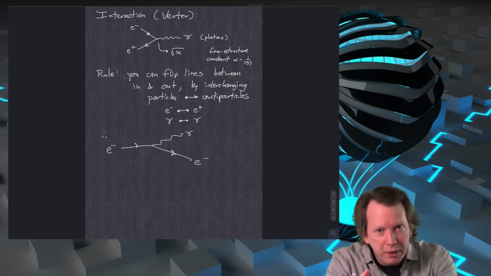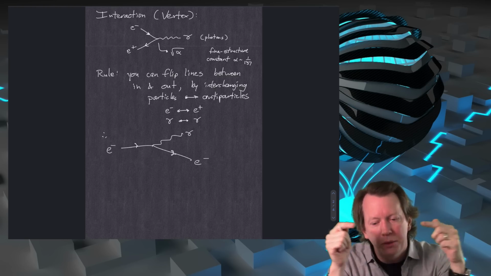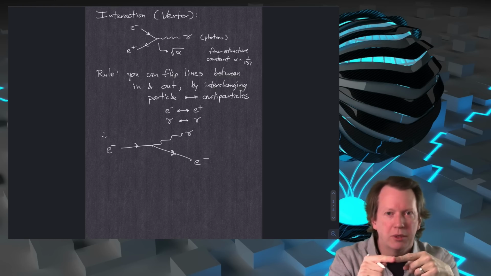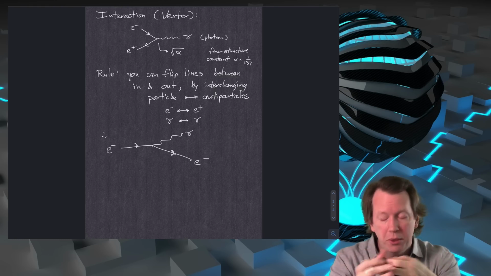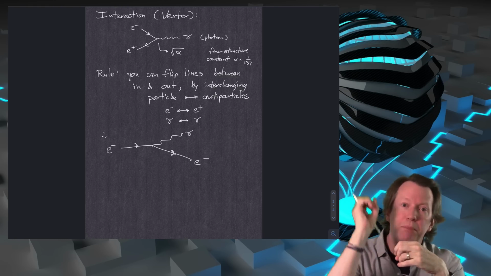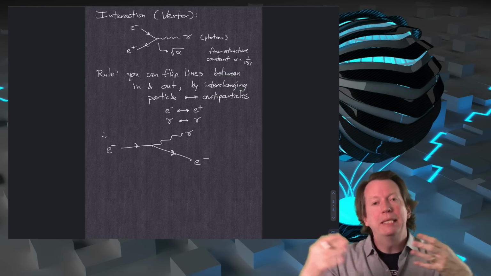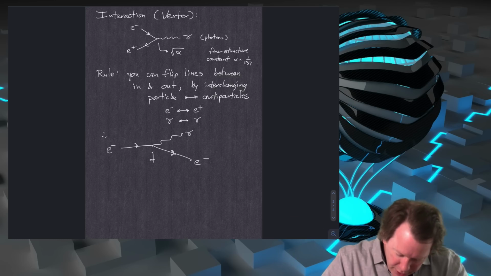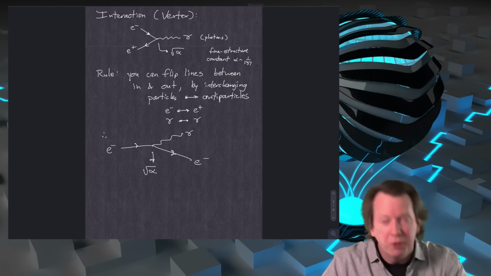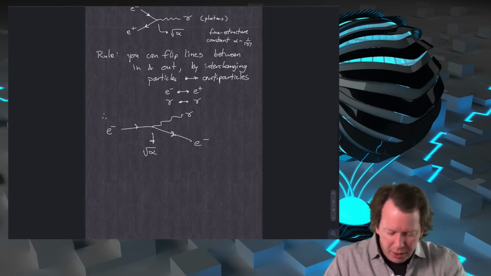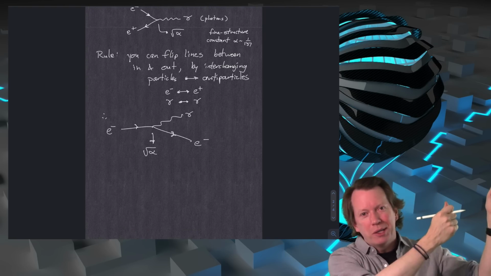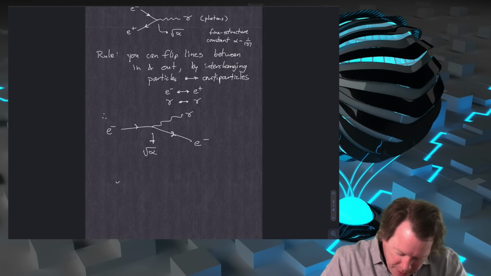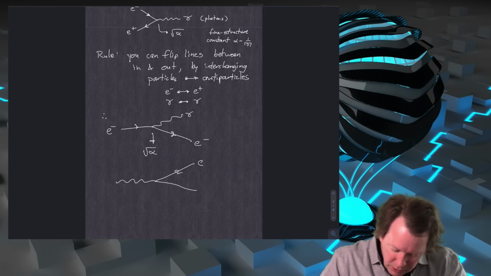So this is another diagram, another interaction, where rather than two particles, positron and electron, coming in and annihilating into a photon, we have an electron just spitting out a photon. But it's the same Feynman diagram status. So this diagram also comes with the square root of alpha associated with it. And likewise, we can flip both particles, both electron and positron on the other side, and make the photon come in. And these go into E minus, E plus, okay?